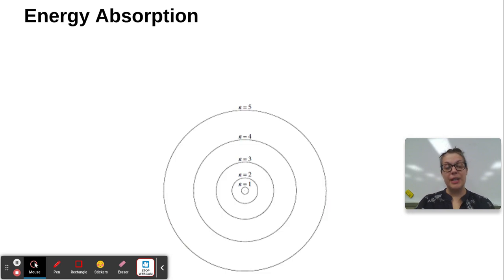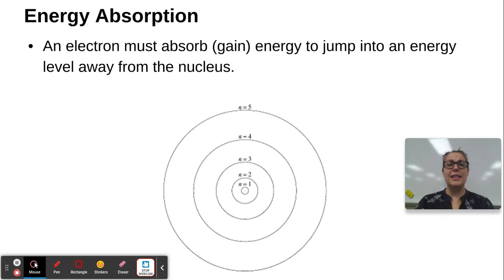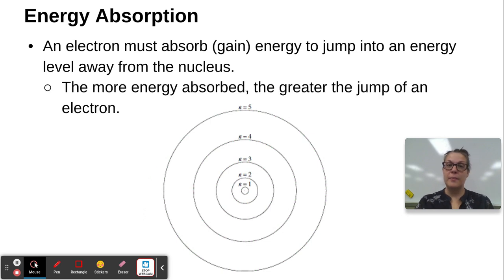Energy absorption, taking in. We've realized that an electron must absorb or gain energy in order to jump into an energy level that is away from the nucleus. The amount of energy you absorb is directly related to how far away you can jump from the nucleus.